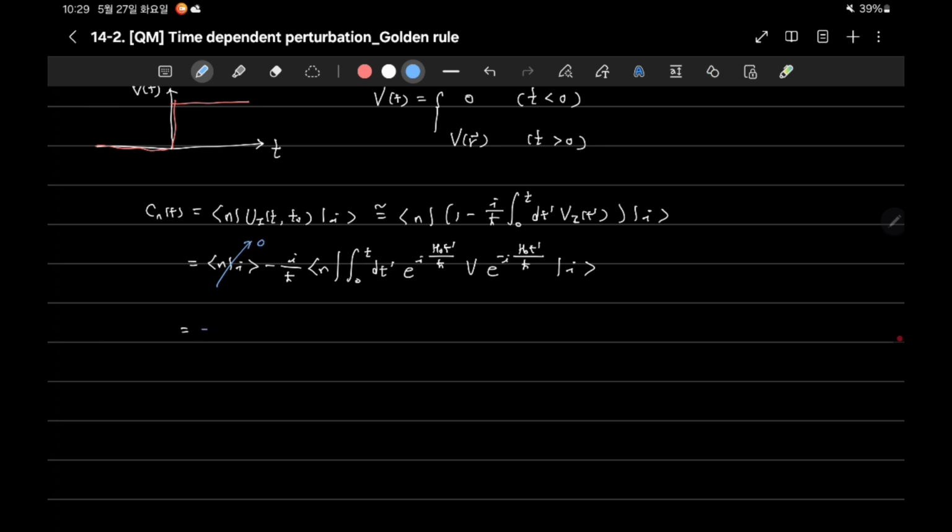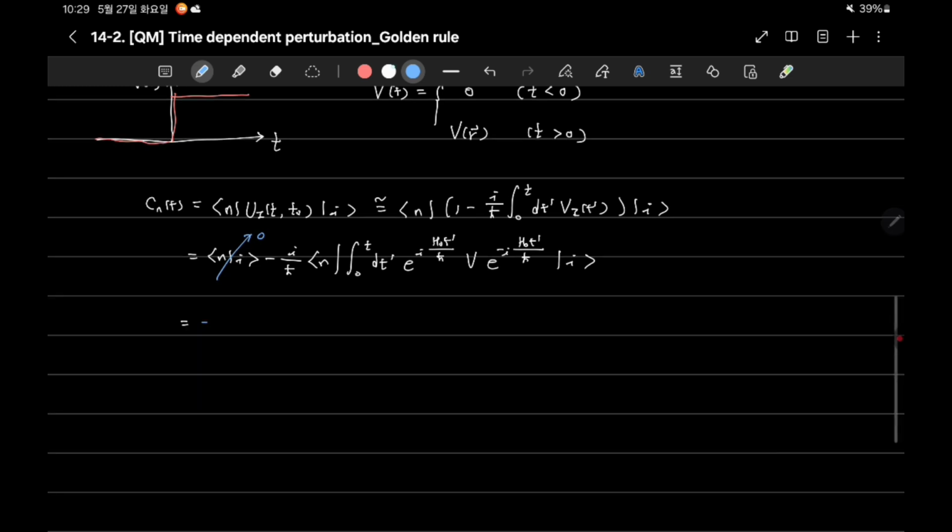So minus i over h bar <n|V|I>. When the Hamiltonian is applied to the I state and to the n state, it becomes the energy eigenvalue.